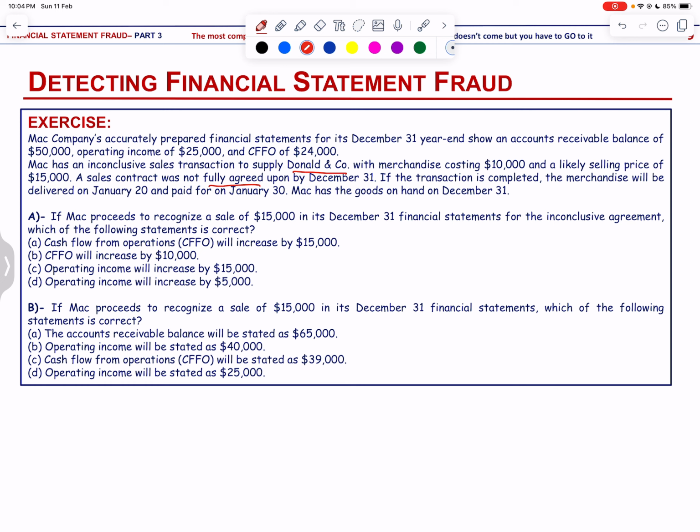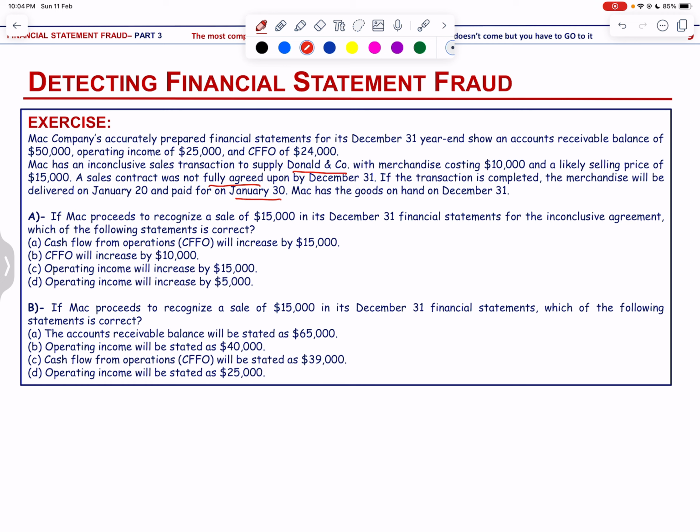If the transaction is completed, the merchandise will be delivered on January 20 and paid for on January 30. Mac had the goods on hand on December 31st. Now, if Mac proceeds to recognize a sale of 15,000 in its December 31st financial statement for the inconclusive agreement, which of the following statements is correct?